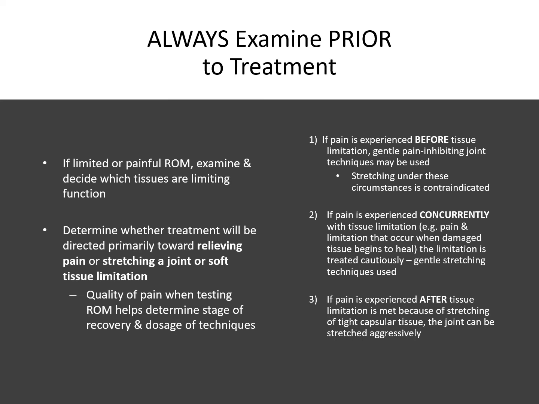So depending upon the case you are seeing, depending upon the requirement of the patient. If pain is experienced after tissue limitation is met because of stretching a tight capsular tissue, the joint can be stretched aggressively. So these are the 3 cases. Depending on when patient experiences the pain, you can modify your treatment plan.